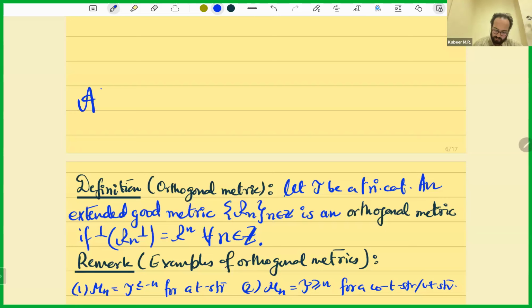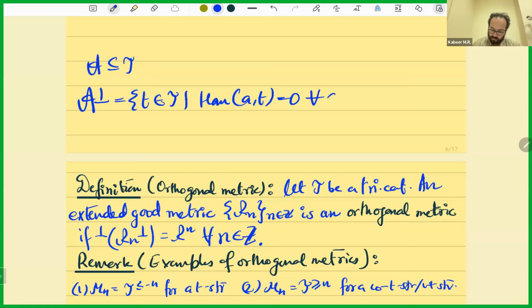If A is a full subcategory of T, or A is just a set of objects of T, then A orthogonal is just the objects T such that Hom(A, T) is equal to 0 for all A belonging to A. And similarly for the left orthogonal, which I'm not going to state.